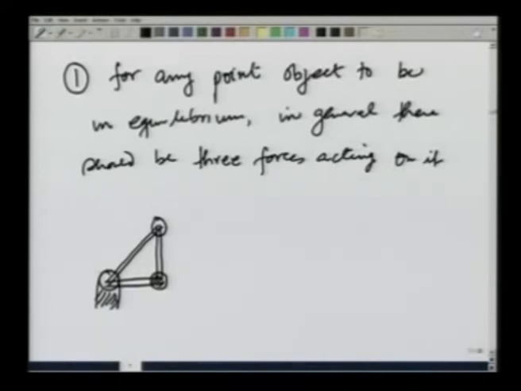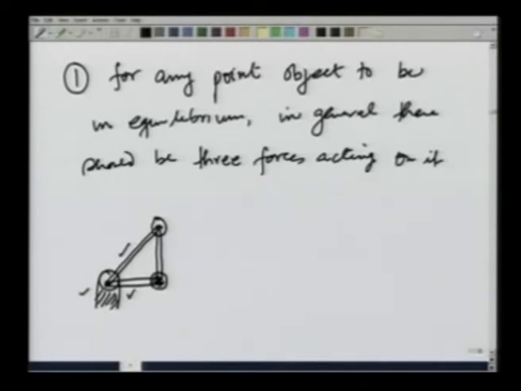Now, you see this pin joint has 3 forces acting on it, 1 by this member, 1 by this member, and 1 external force. So, this can be in equilibrium. However, this joint and this joint are not acted upon by 3 forces, and therefore, to make these points come under equilibrium, I have to provide more forces.